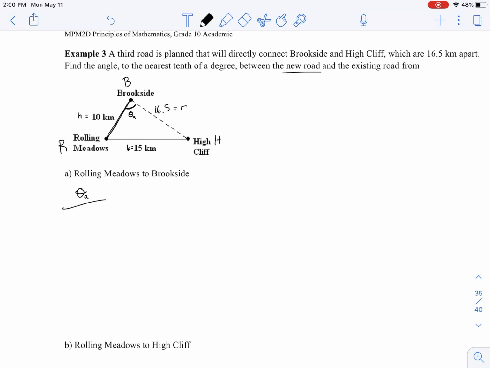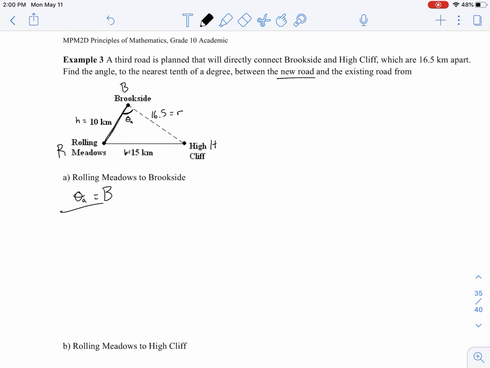So if we want to solve for that angle, theta A, that's essentially solving for angle B, capital B. So when we set up this cosine law equation, we have to have angle B as the measurement on the far right-hand side of this equation. So that means side length b needs to be on the left-hand side of this equation.